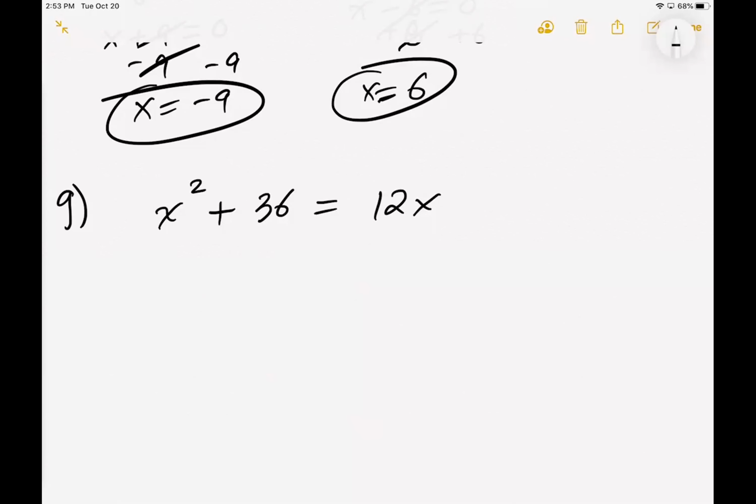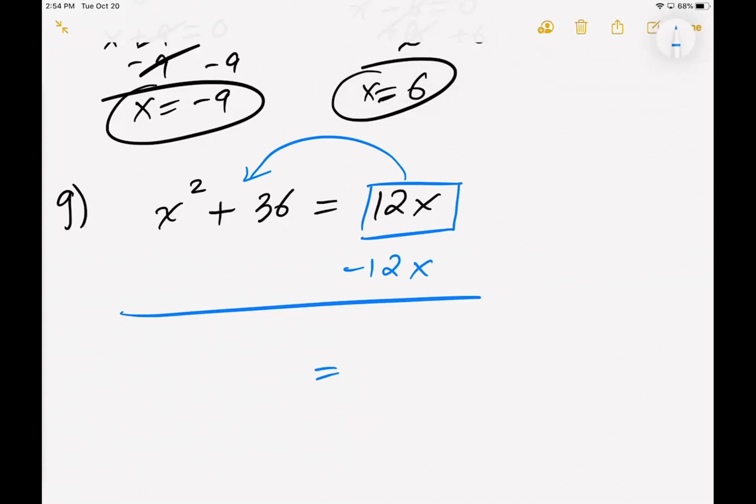No. So how do we get it equal to 0? Well, to get it equal to 0, do you agree that I can subtract the 12x? And if I subtract the 12x, do you agree that 12x minus 12x is equal to 0? And that is what I want.